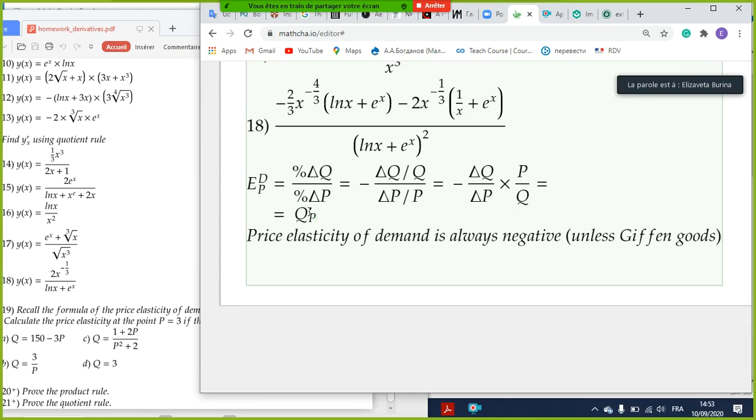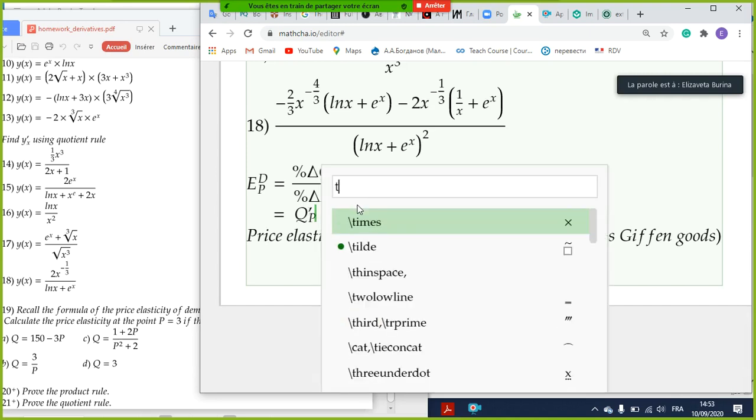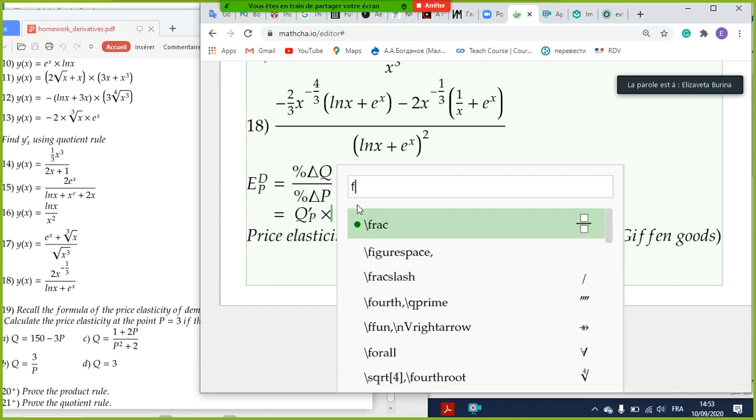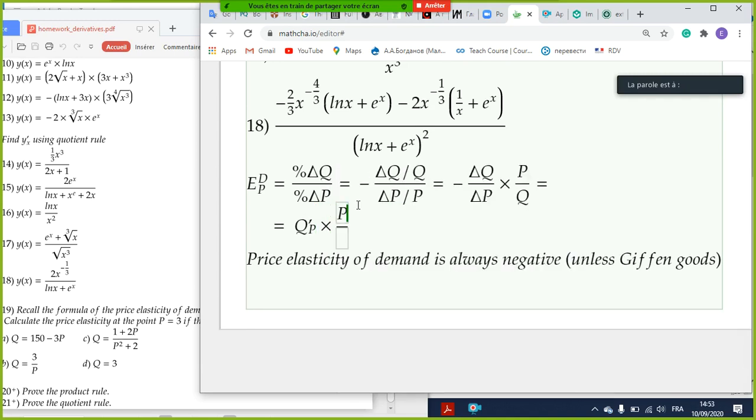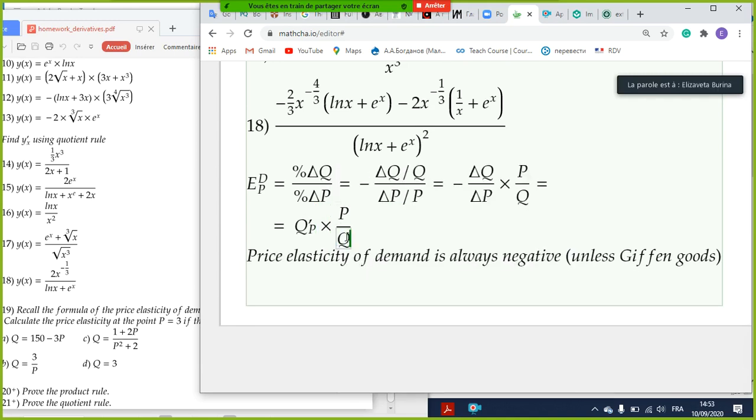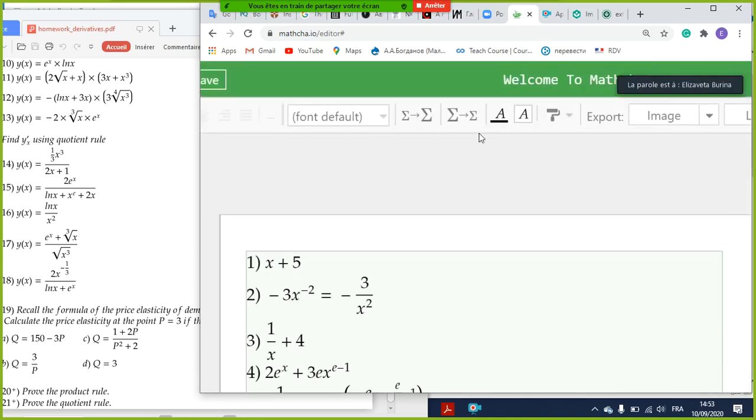This derivative pretty much shows us by how much quantity is increasing if we decrease price by a unit, times fraction P over Q. Okay, so this is the ultimate formula that I wanted to take out.